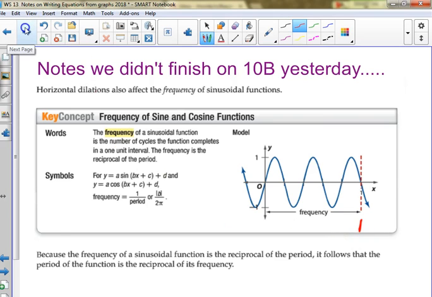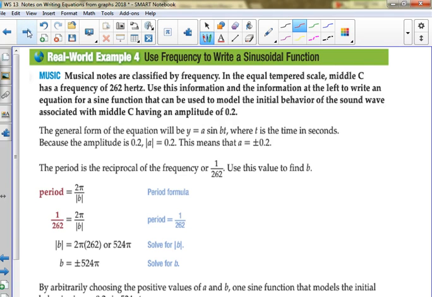All right, so on to this question. I'm not going to spend a lot of time on this, but basically you're using a real simple sine equation. It says the frequency of the note is 262. What does that mean? If the frequency is 262, then the period is 1 over 262.